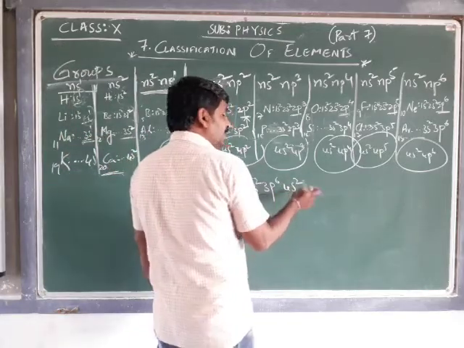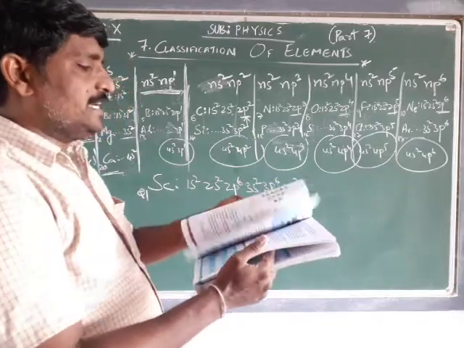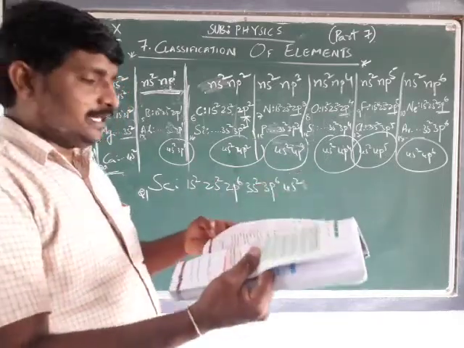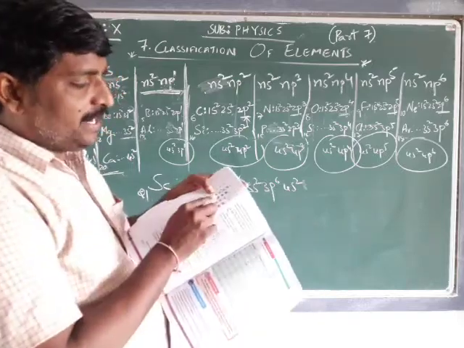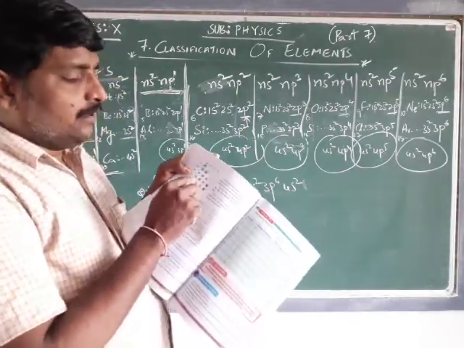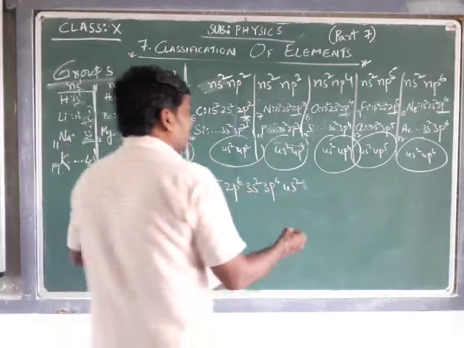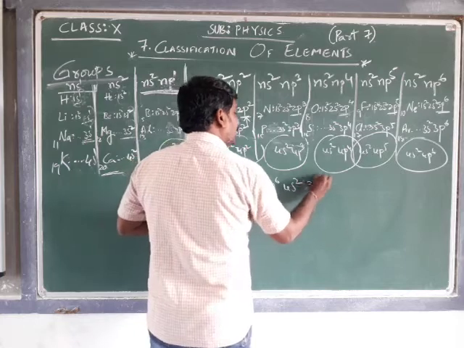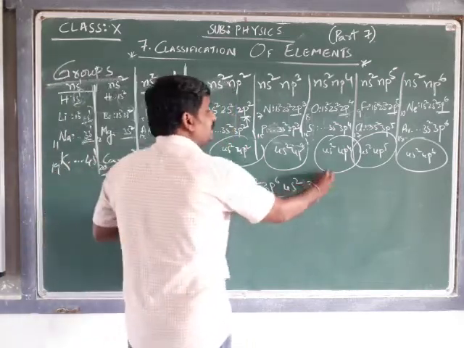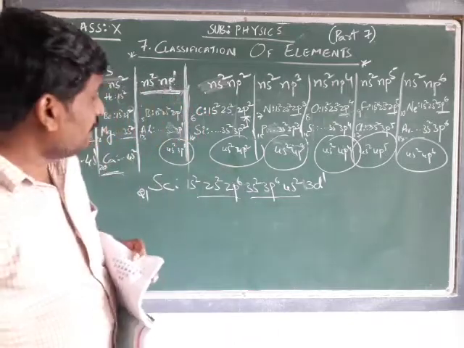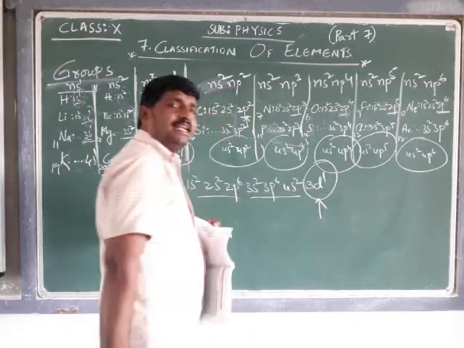After that, according to the Aufbau chart which is stated on page number 118, after 4s, 4p will not come. Again you have to go back, 3d will come. So 10, 20, 21, that is nothing but 3d1. Okay, so the last differentiating electron is d1.